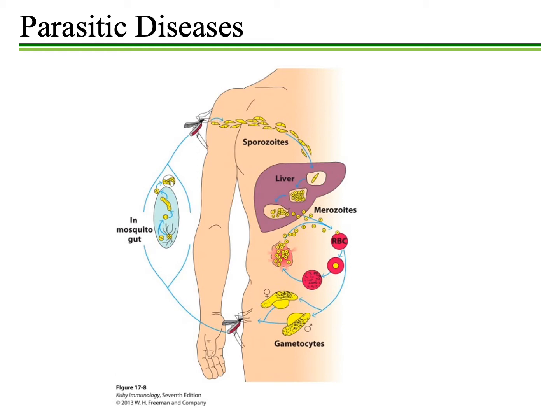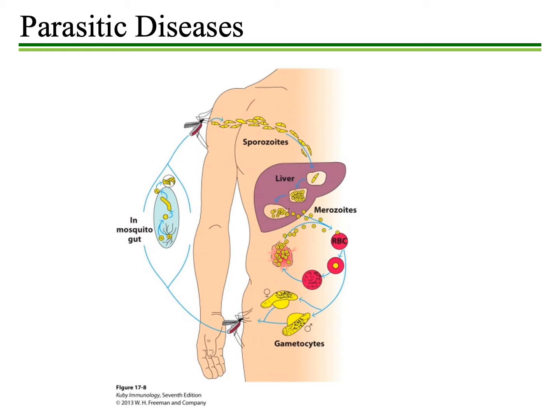If the host immune system first recognizes the sporozoite stage and an immune response is elicited against the sporozoites, for example the adaptive immune response with antibody production, those antibodies are then used to target the sporozoites. However, once the sporozoites enter the liver, they change their life cycle stage, hence they change their antigens. Those antibodies that were produced against the sporozoites no longer detect or interact with the antigens that are now present on the merozoites.